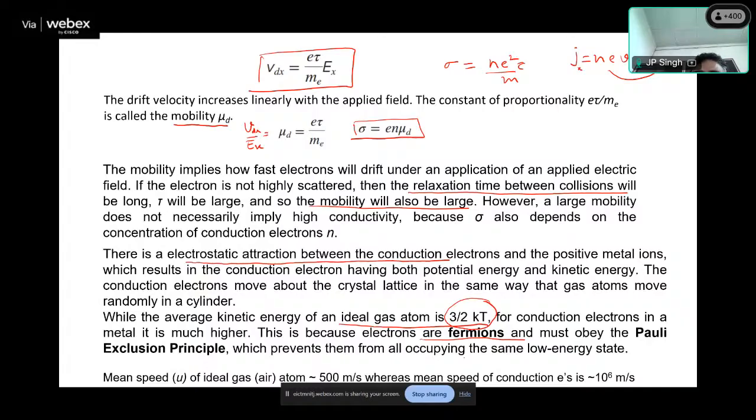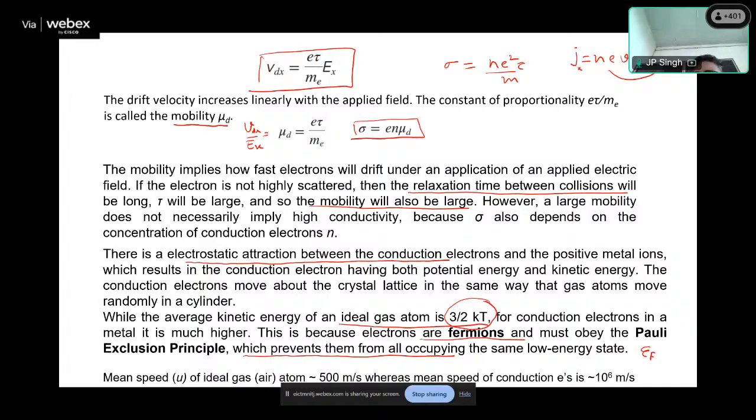That hinders all the electrons from occupying the same low energy state. So even if we don't want it, since electrons are fermions, there will be a distribution of energy, and the electrons will start filling up the energy levels. Because their number is very high, the electrons fill up to a maximum level, and that level is the Fermi energy.